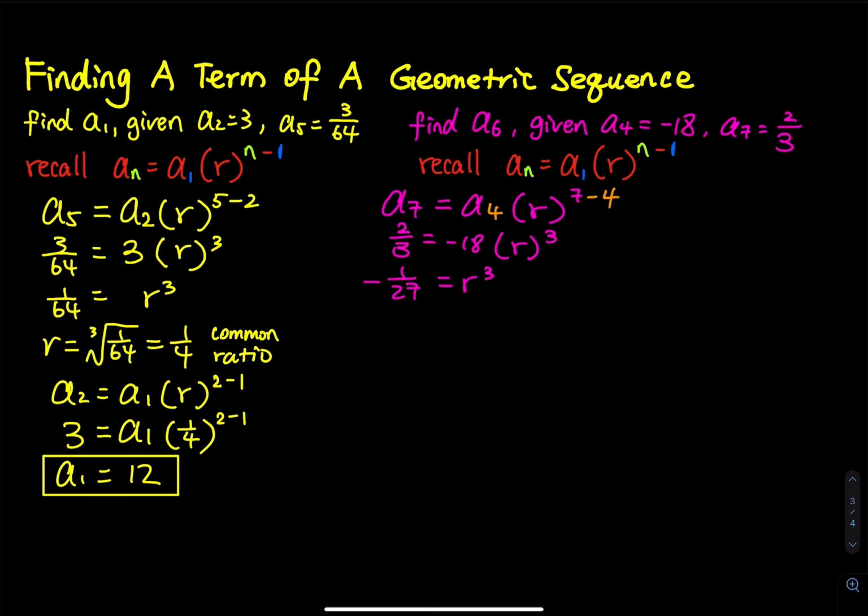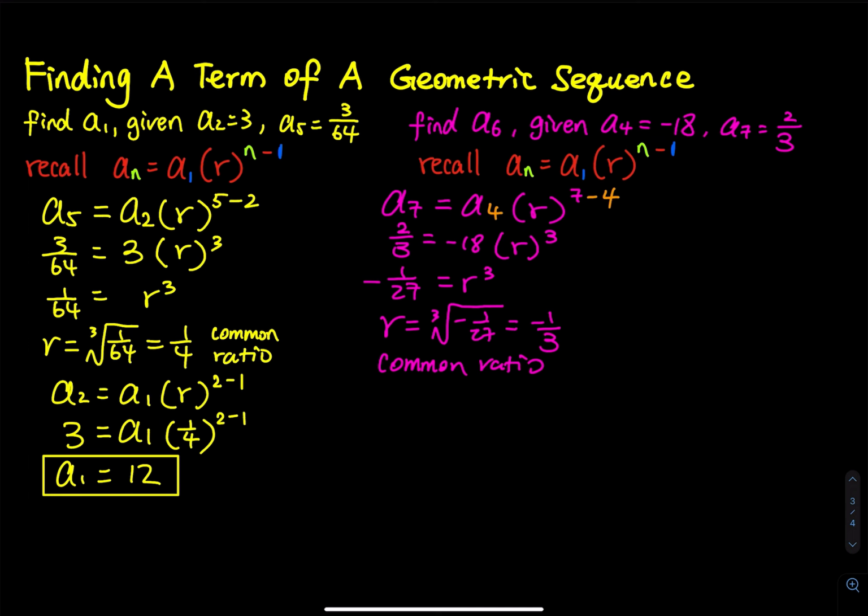So r equals the cube root of negative 1 over 27, and you have negative 1/3. This is my common ratio.